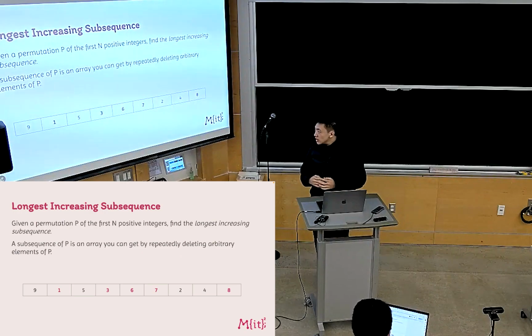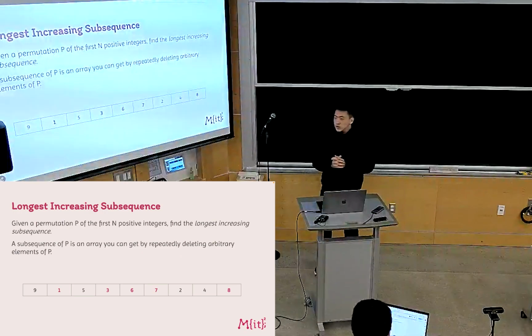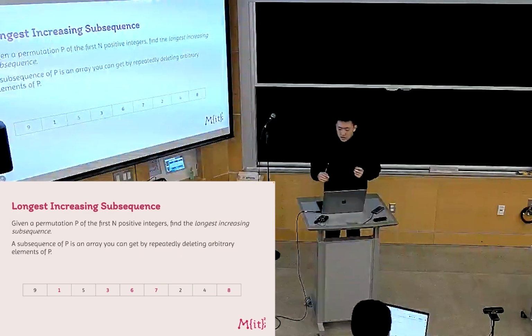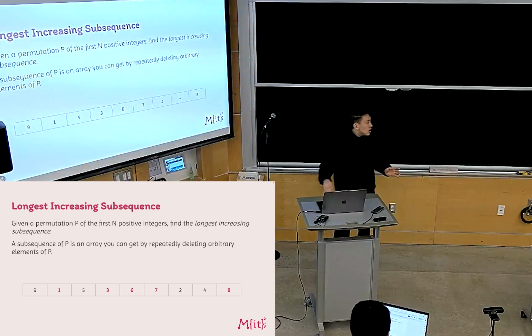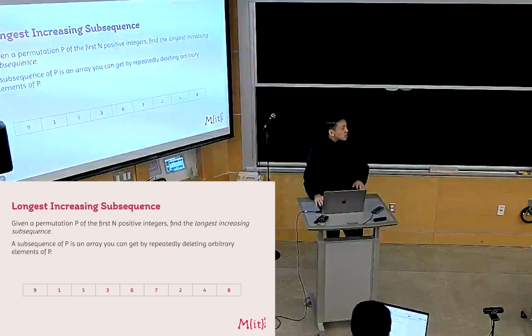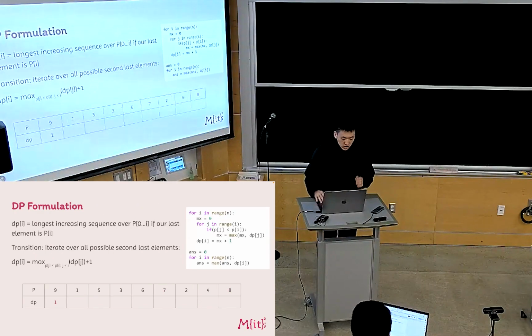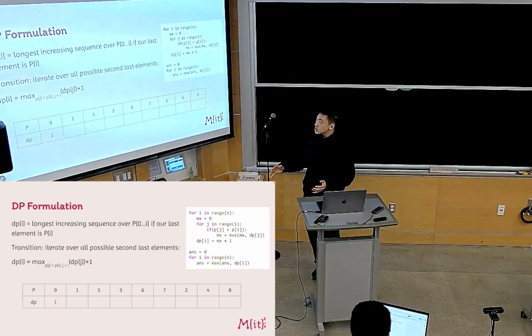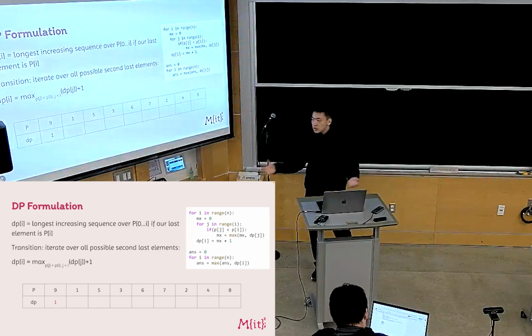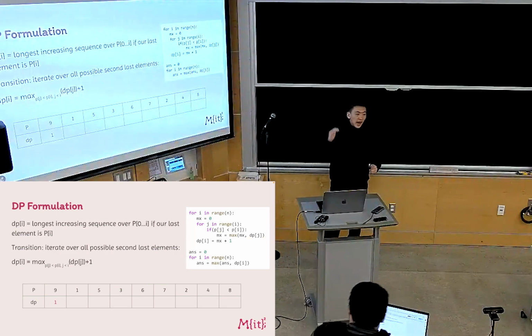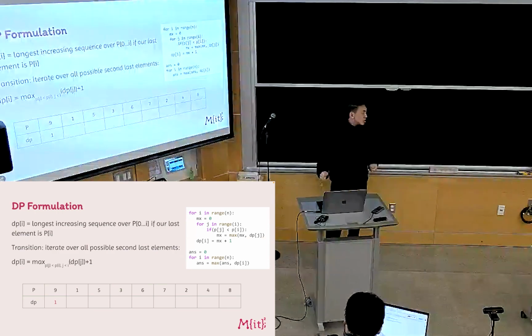Yeah, this is essentially what we're doing, except we're doing it slightly differently so that it's easier to transition. And the idea is that it makes it a lot easier to transition when we have to take the last element, right? So let's say that dp[i] is just the longest increasing subsequence over the first i numbers, such that we have to take the last element.